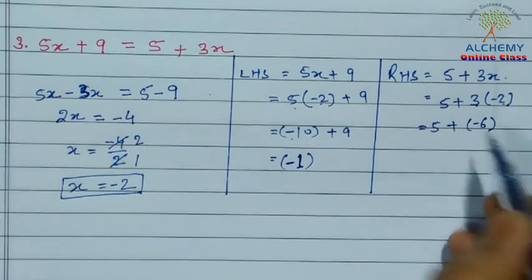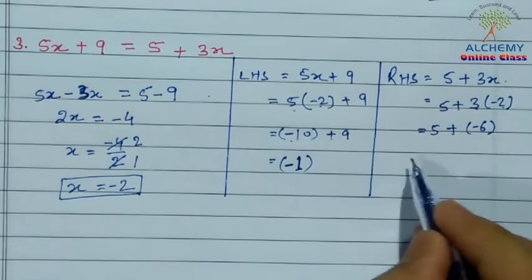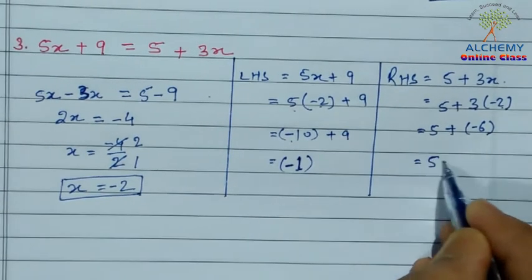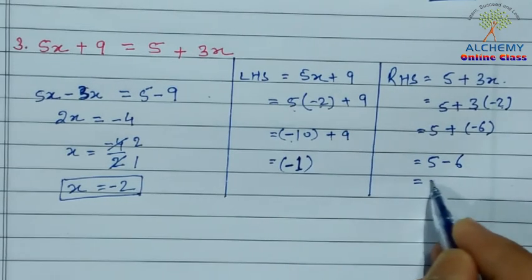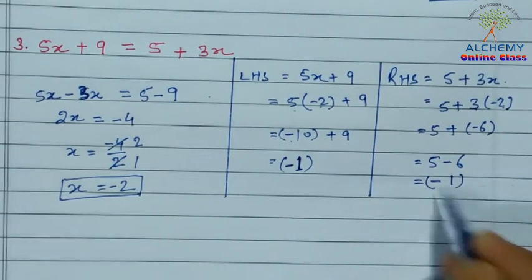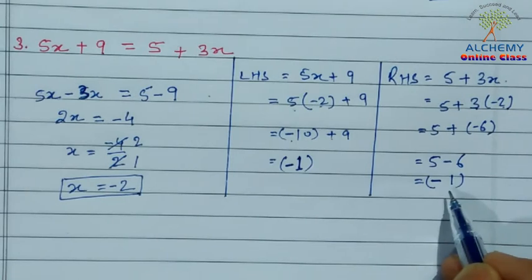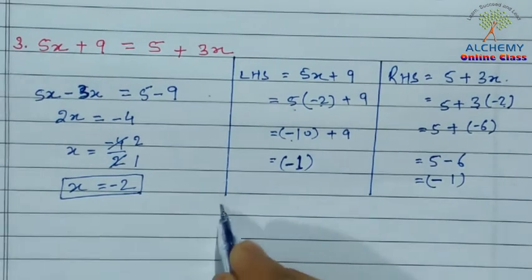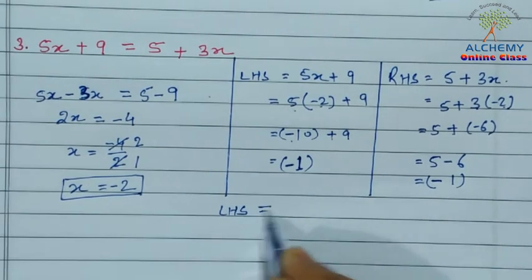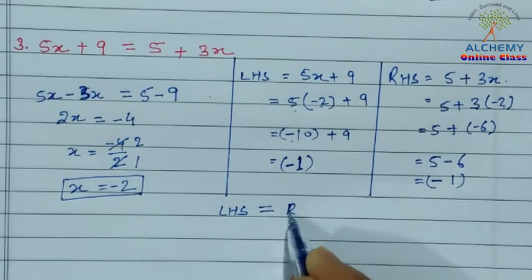So that is minus 6. When we open the bracket, plus minus will be minus. So 5 minus 6 is equal to minus 1. Again we got the same value as minus 1. So we can write here left hand side is equal to right hand side.